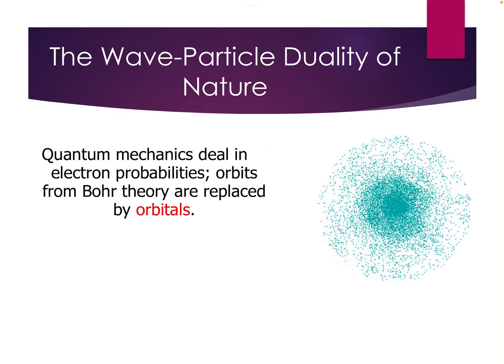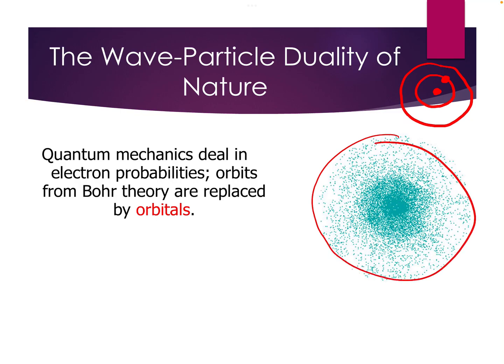But this wave-particle duality of nature says that, instead of the Bohr picture, with the nucleus and here's where our electrons could be, quantum mechanics says the electron will be somewhere in here. Do you see all of these dots?